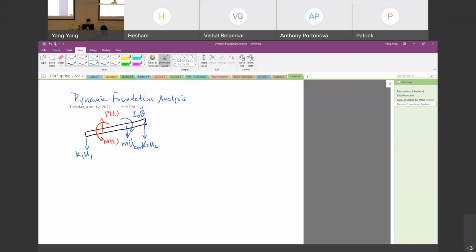Now we should be able to formulate the equations of motion, or equations of dynamic equilibrium. There will be two equations. If we consider the forces, how would the first equation be like in this case? Who would like to do the first equation regarding forces?